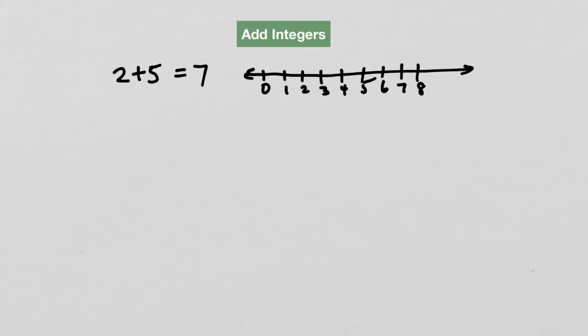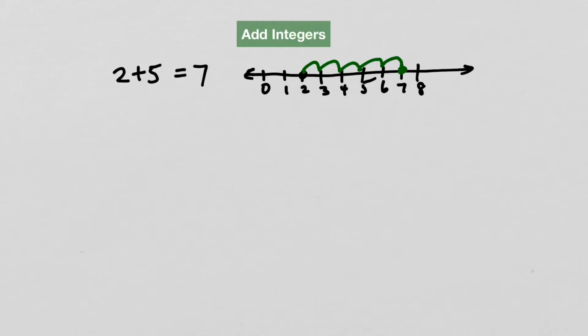So if we start with 2, and then we add 5, okay? So start with 2, we go 5. 1, 2, 3, 4, 5. We now land at 7, and therefore 2 plus 5 is equal to 7.